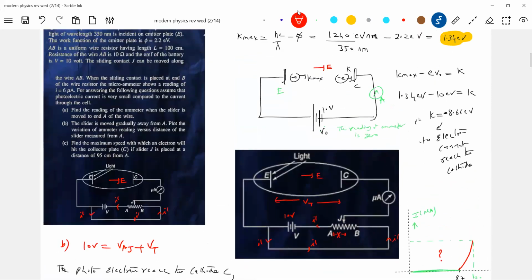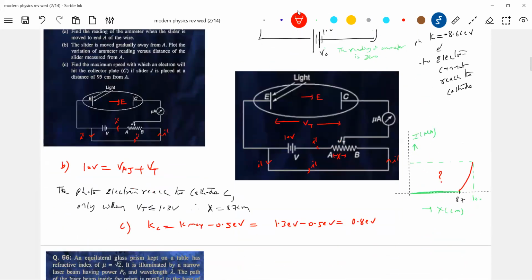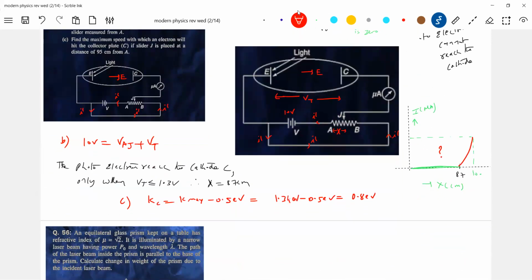How much was it? 1.34, no? Anybody, just give me the value. 0.84. Yeah.